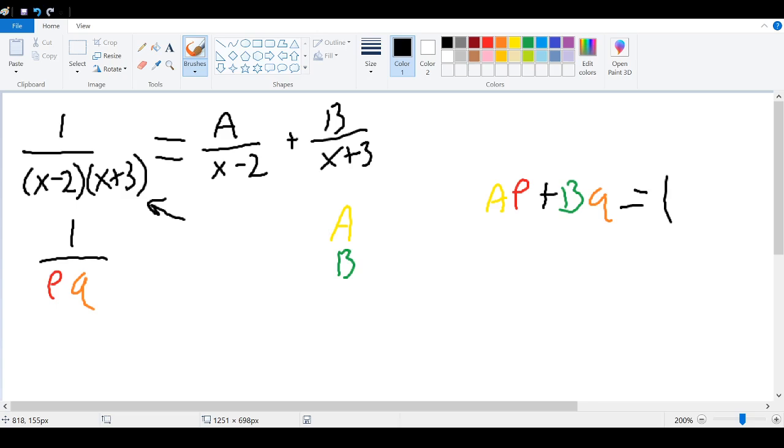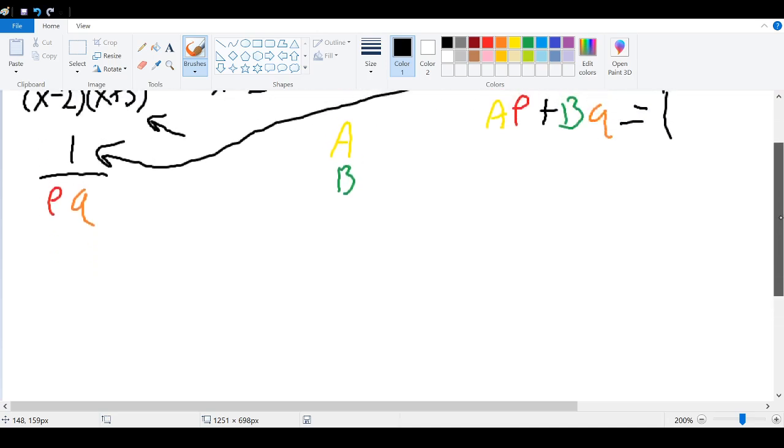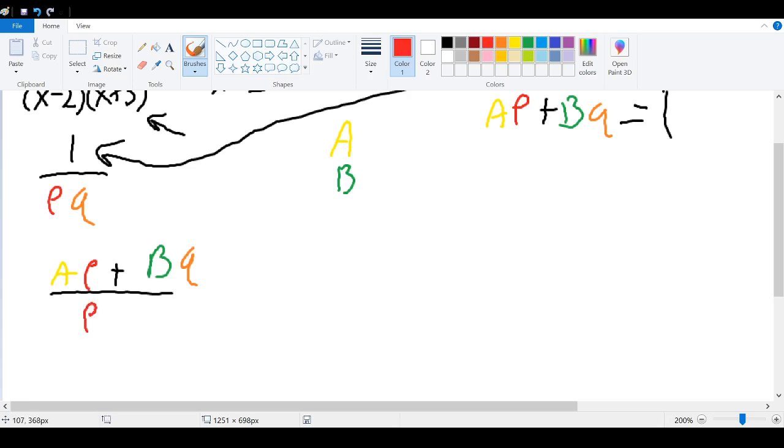And now, we don't know A and B, but we do know that this formula will hold. So let's just replace the 1 in the numerator with this one here. And so when we do that, we can say that AP plus BQ, all over PQ, this must be equal to, well, we can break apart this into two different fractions, all right?